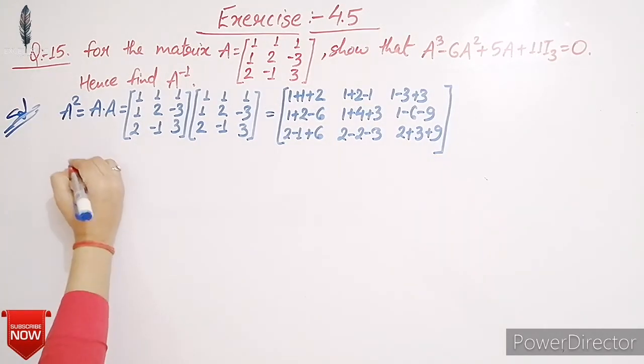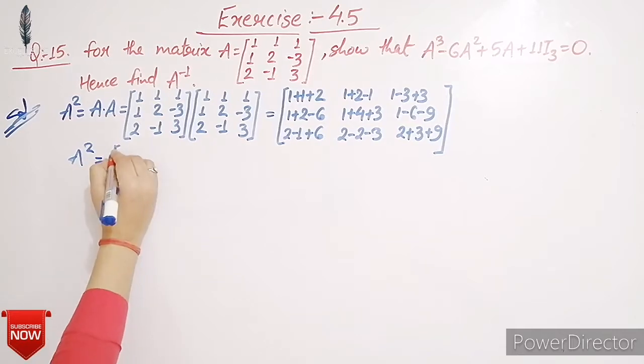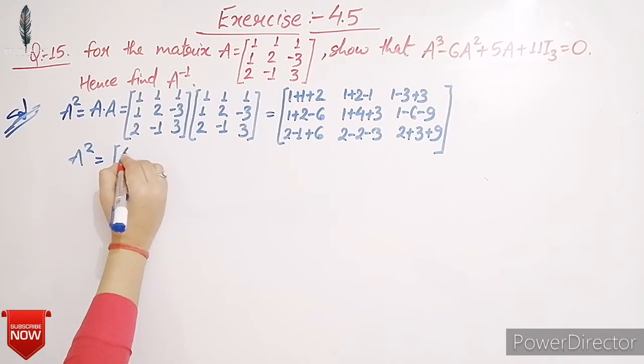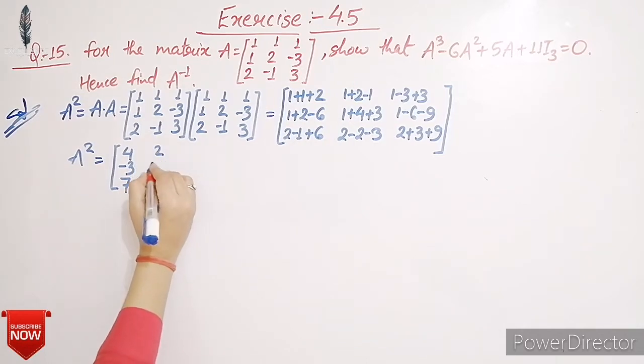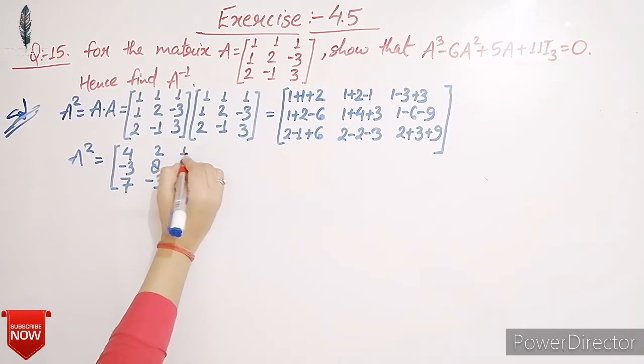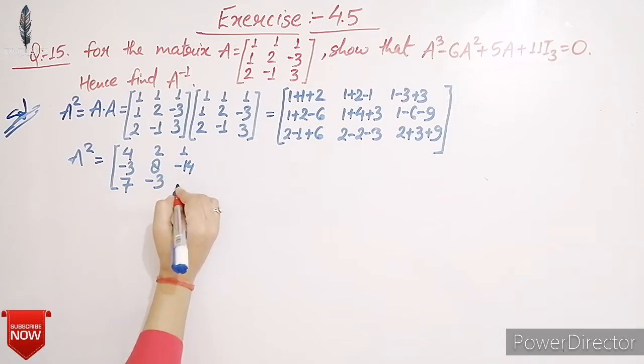On solving, we have the value of A square equals [4, -3, 7; 2, 8, -3; 1, -14, 14].